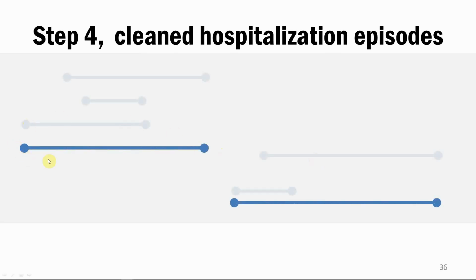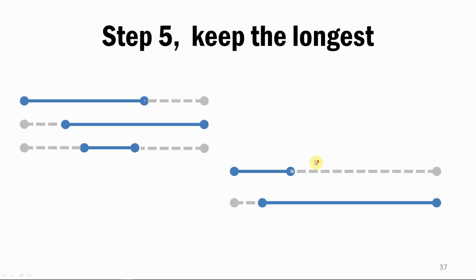So basically, as I said, we're going to have this clean hospitalization periods. And this is what I just talked about, which is the last step: for all the overlapping hospitalizations, we're going to have the same admission and discharge date, right? So you might have a question: because we already have this hospitalization period, it sounds quite complete, so why don't we just simply delete these two hospitalizations and this one?